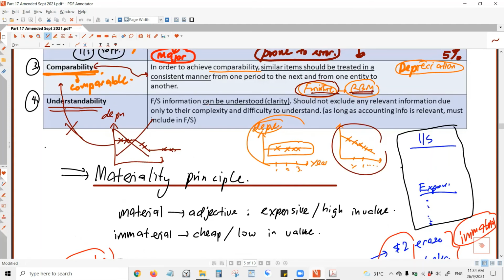That means you must have clarity. All the information that you present must be clear in your financial statements. And then this one you may erase. This is not so important right now for IGCSE.